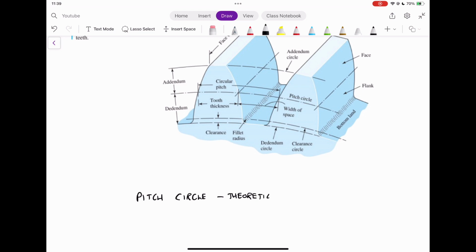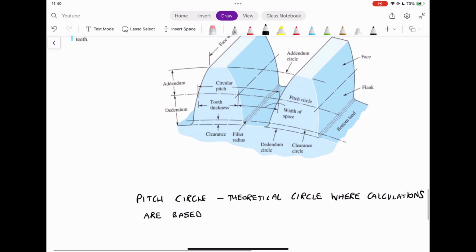The pitch circle is the theoretical circle where calculations are based. It is essentially the starting point when we start calculating things for our geometry as well as for our kinematic analysis. On our diagram, the pitch circle is the dotted line that I'm highlighting right now, and it goes all around the gear.